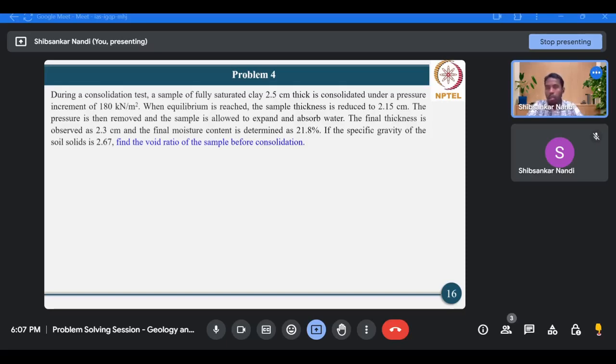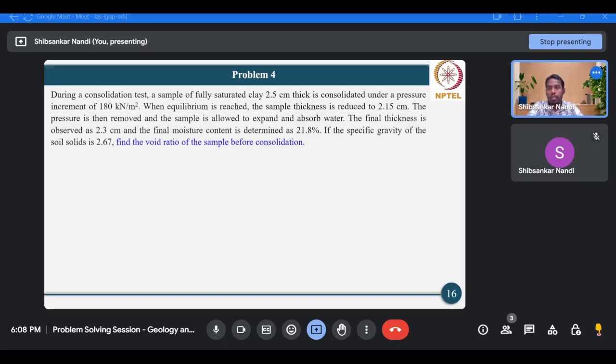Now we'll take this problem 4, and it's regarding a consolidation test. During a consolidation test, a sample of fully saturated clay 2.5 centimeter thick is consolidated under a pressure increment of 180 kilonewton per meter square. When equilibrium is reached, the sample thickness is reduced to 2.15 centimeter.